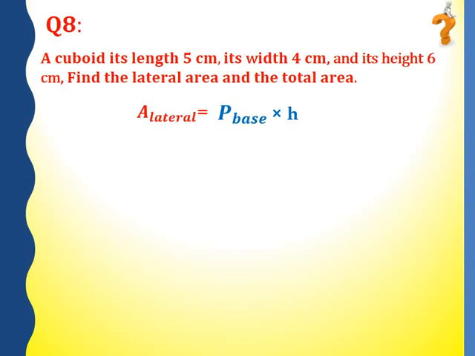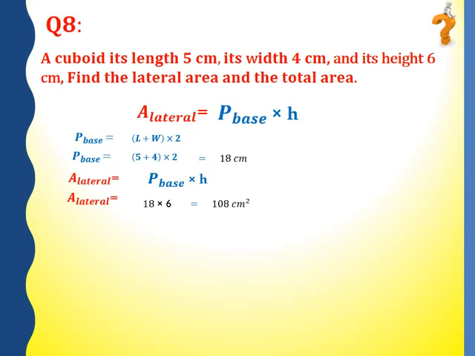Let's find first the perimeter of the base, which is in the shape of a rectangle. The perimeter of the rectangle is length plus width times 2: 5 plus 4 times 2 equals 18 centimeters. Then our lateral area equals 18 times 6, which equals 108 square centimeters.